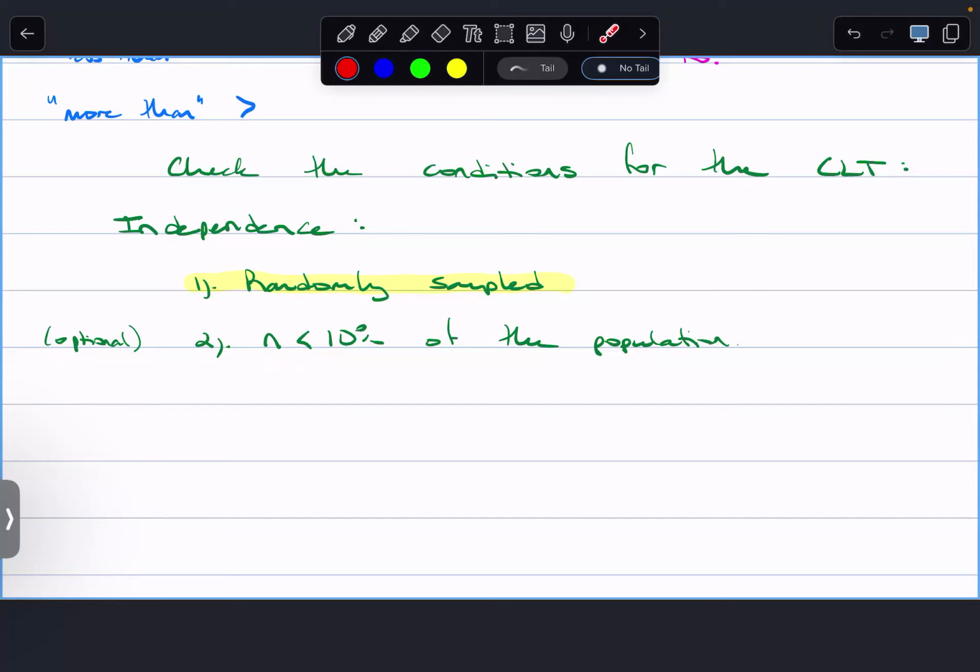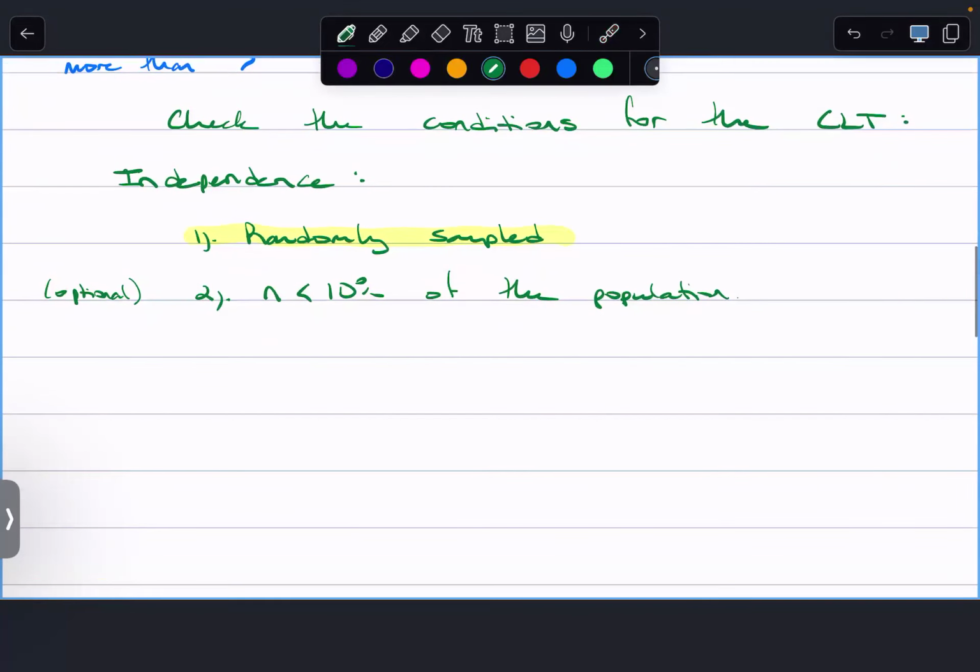That one's optional, but just something to keep in mind. As long as you've randomly sampled, then you're good. Those are the same as for a confidence interval, so I'll make a note here. Same as for a confidence interval.